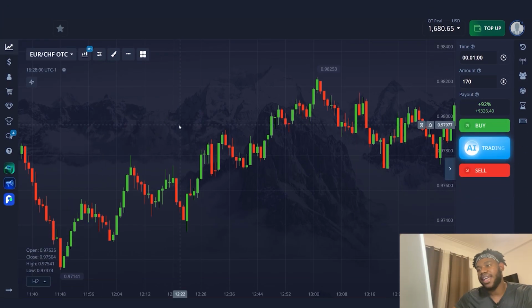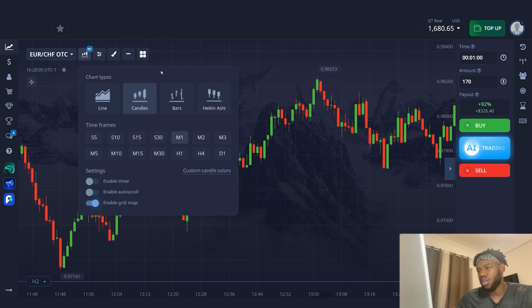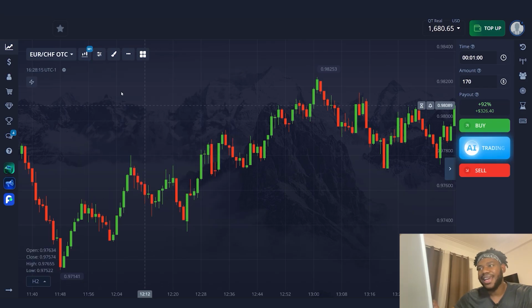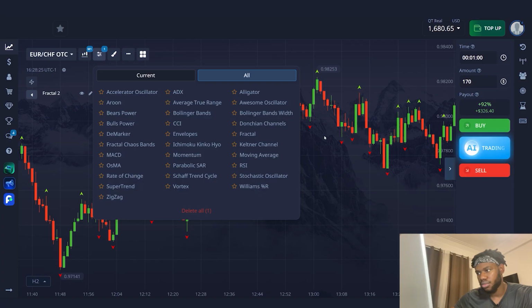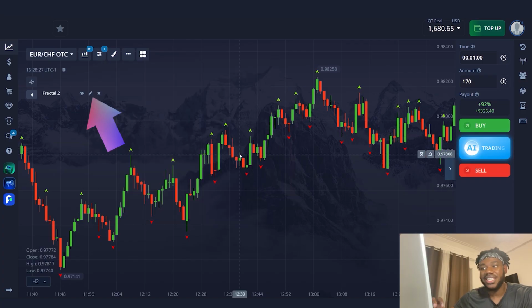Now I'll show you my account settings that you need to use to work with the strategy. I will use candle chart type, leaving the time frame at 1 minute. Next, I will open the indicators section and select fractal. Now you need to adjust the indicator settings.